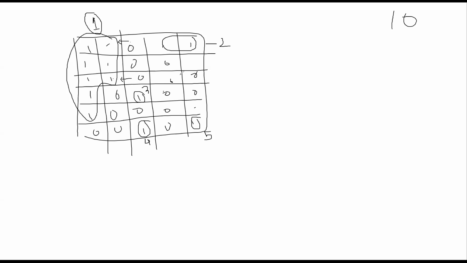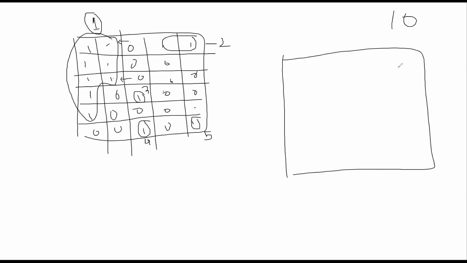What we can do is store all the values. If you have this island 1 and its size is 8, let's say, we can make a new 2D array wherein we store 8 everywhere for all the values.